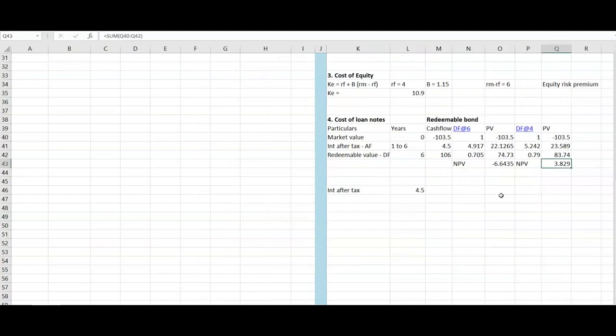Okay, so you got the number. Now we will find out the KD. So KD is equal to IRR, where IRR is equal to the lower discount factor in this table, which is 4.